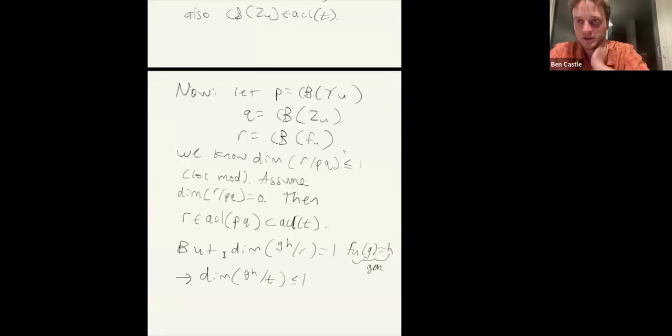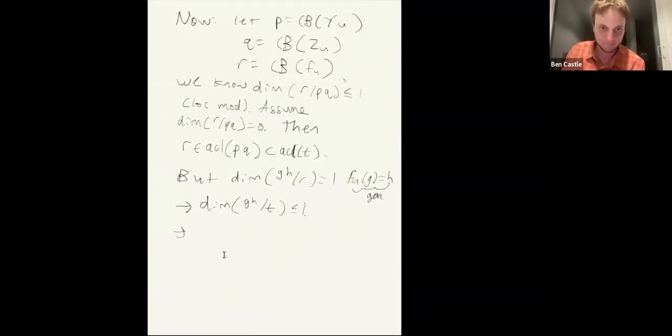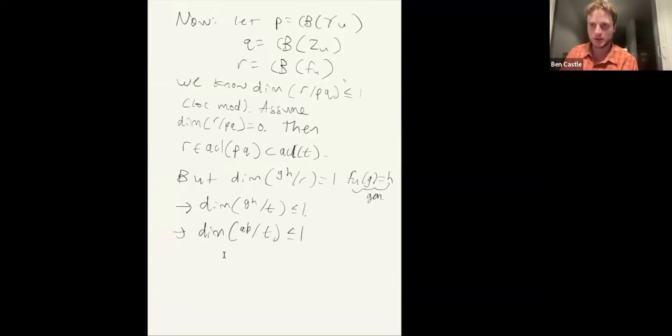Because R is algebraic over T. So T is like stronger data than R. Okay, so if you add more, then the dimension can only go down. And now if we compute, well, okay, and in particular, because of the interalgebricity, the dimension of AB over T is at most 1. And that's really what I was going for.